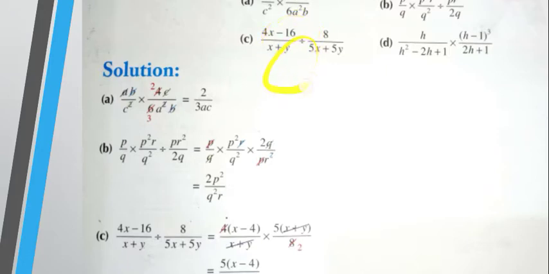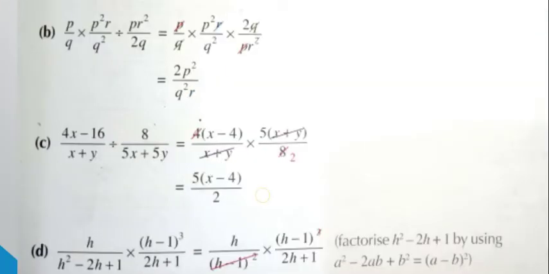Number C. 4x minus 16 over x plus y divided by 8 over 5x plus 5y. Again, division. Turn it into multiplication. Flip this upside down. And then, they both have x plus y after you pull out the 5 from the 5x plus 5y. This is just one form of factorization.